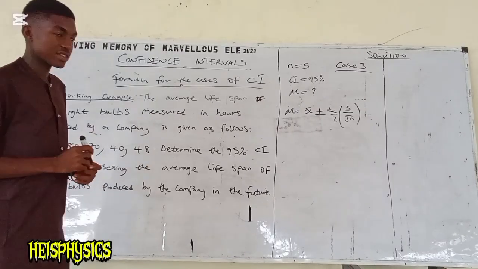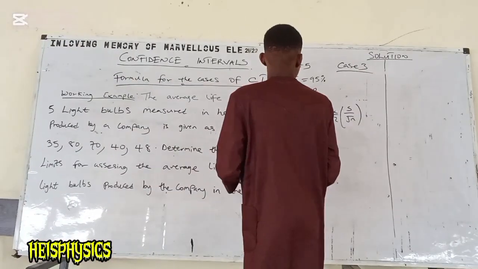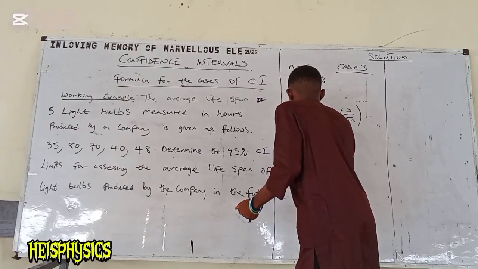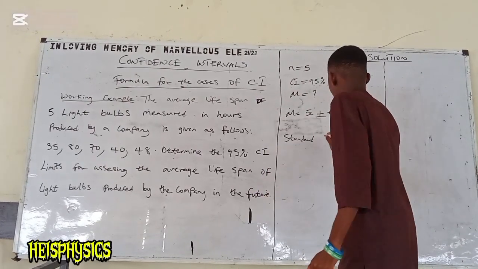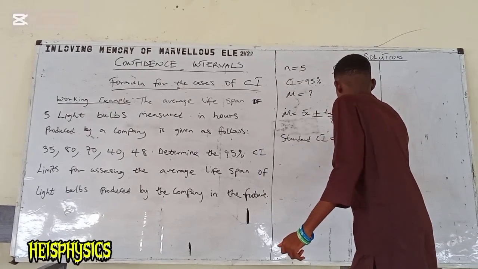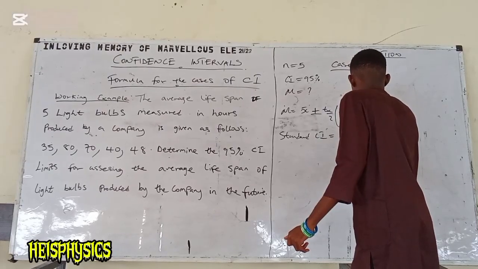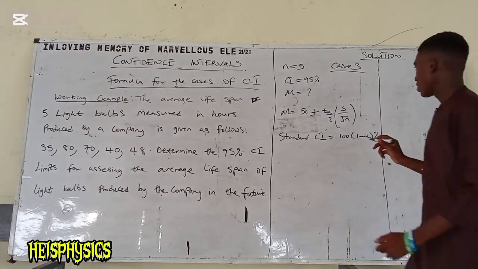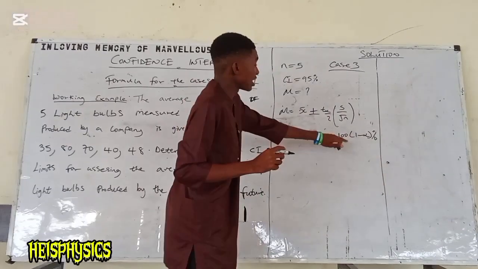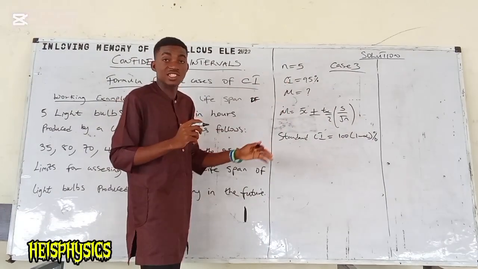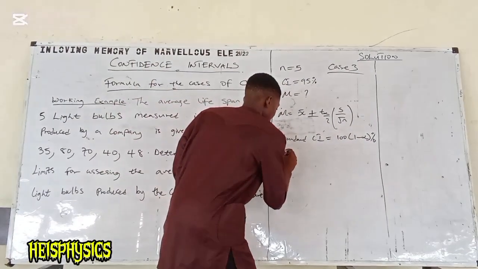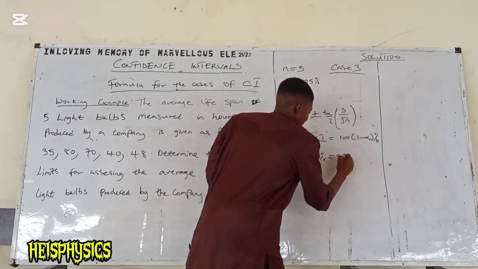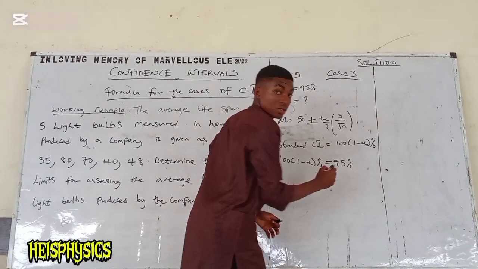Let's solve it together. So now, what do we say? We say that the standard confidence interval is 100 bracket 1 minus alpha percent. Equating to the confidence interval given in the question, 100 bracket 1 minus alpha percent equals 95%.